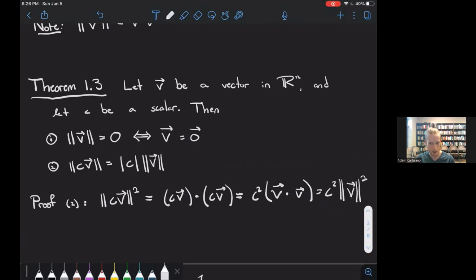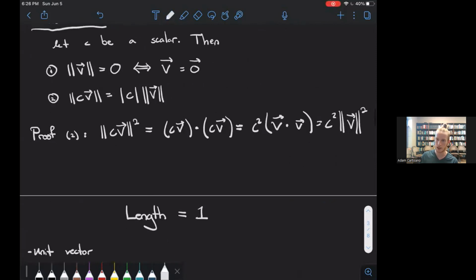We haven't really gotten anywhere except for one fact, which is that we can take the square root of both sides of the equation. Notice this is saying that the norm of CV all squared is C squared times the norm of V squared.